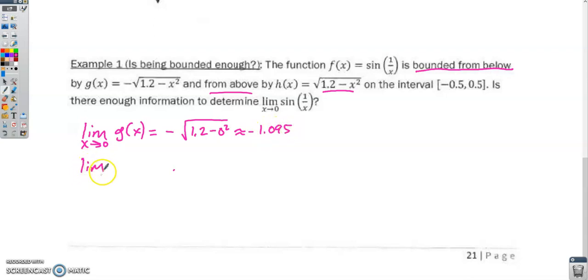And the limit as x approaches 0 of h of x is approximately positive 1.095.